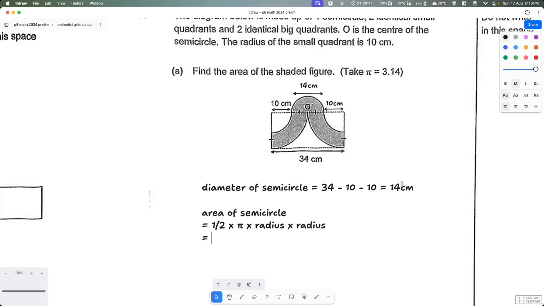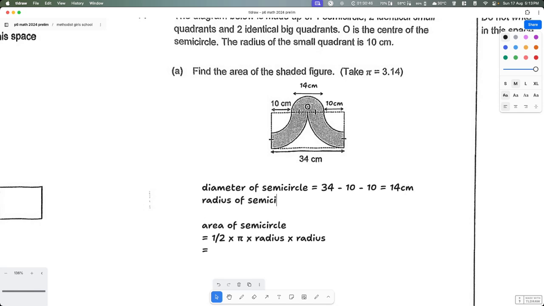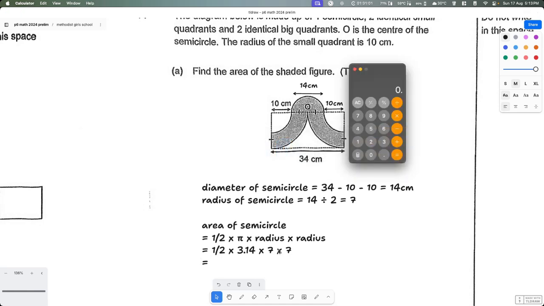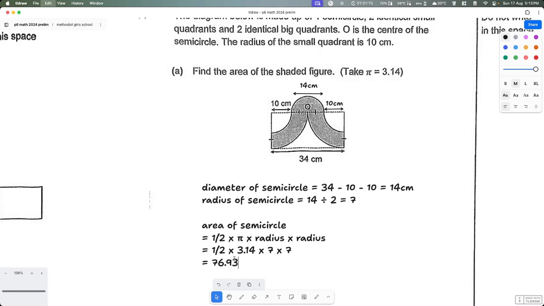The radius of the semicircle is equal to 14 divided by 2, which gives us 7. So half times 3.14 times 7 times 7. 0.5 multiplied by 3.14 times 49 will give us 76.93 centimeters square. Okay, let's move to the next one.